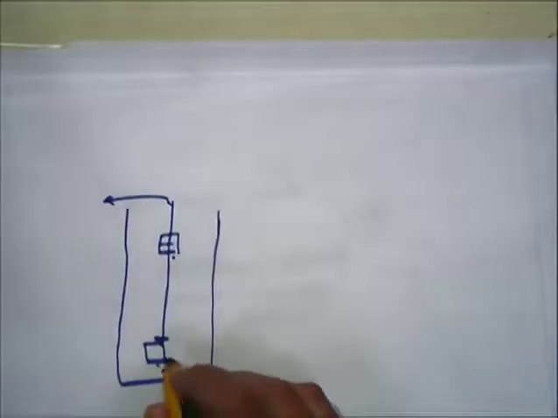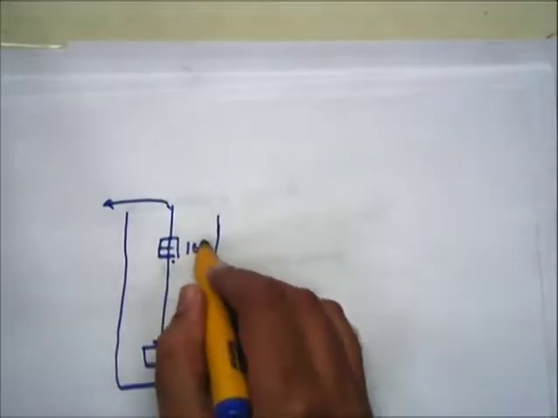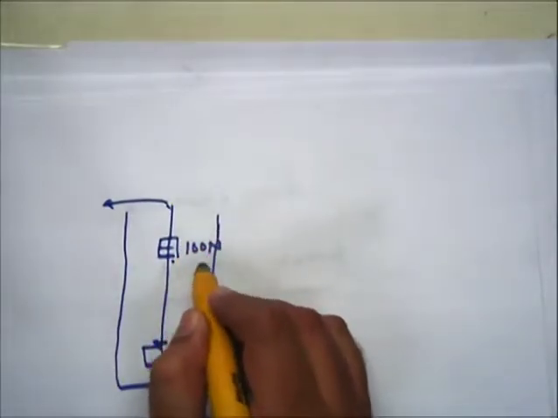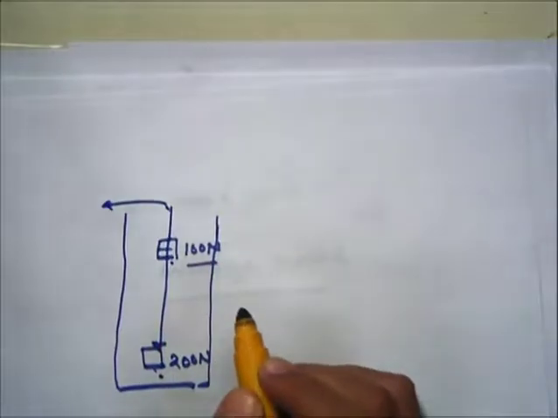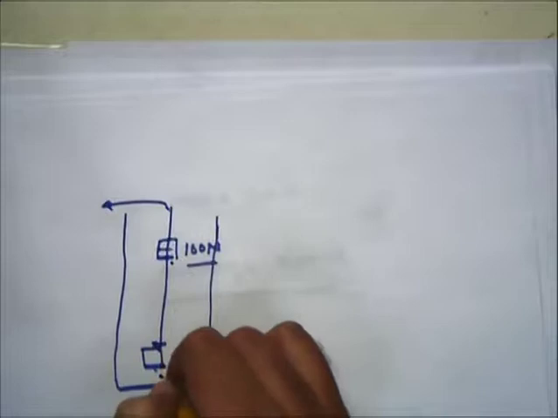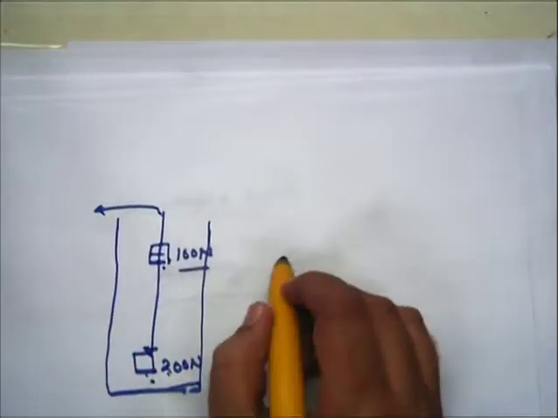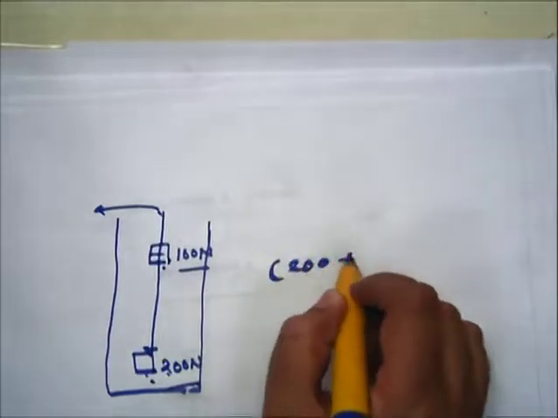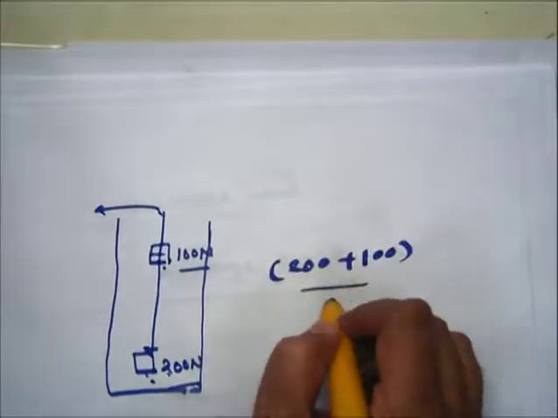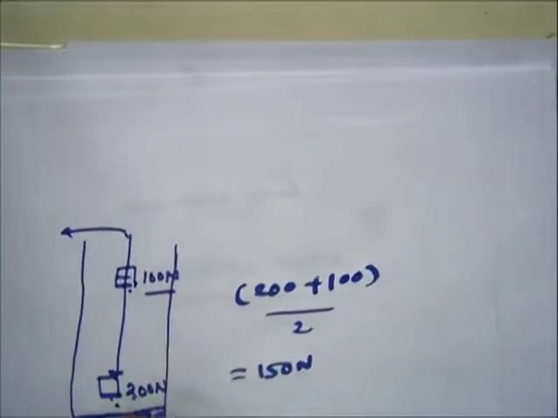Suppose here the weight was 200 Newton and at the top it becomes 100 Newton due to the leakage of the water. So weight of the bucket is reduced from 200 to 100 Newton. So average force is 200 plus 100 divided by 2, that is 150 Newton.